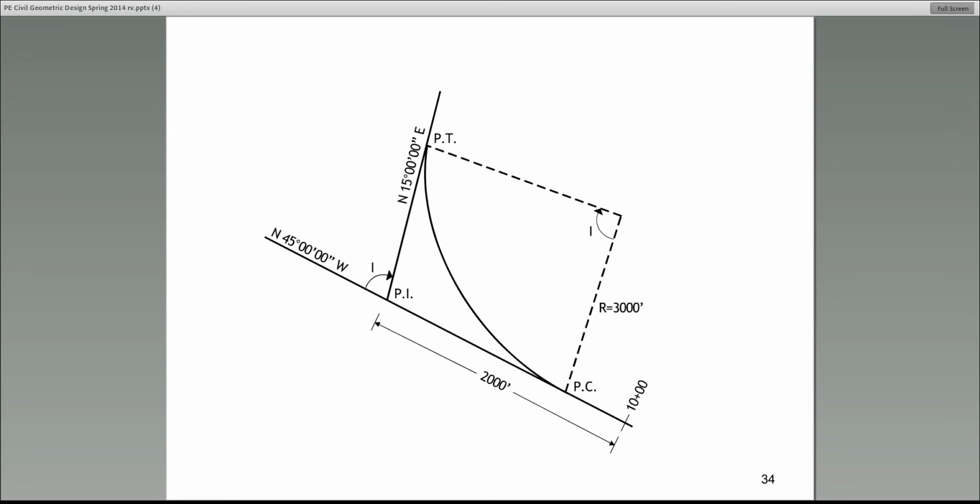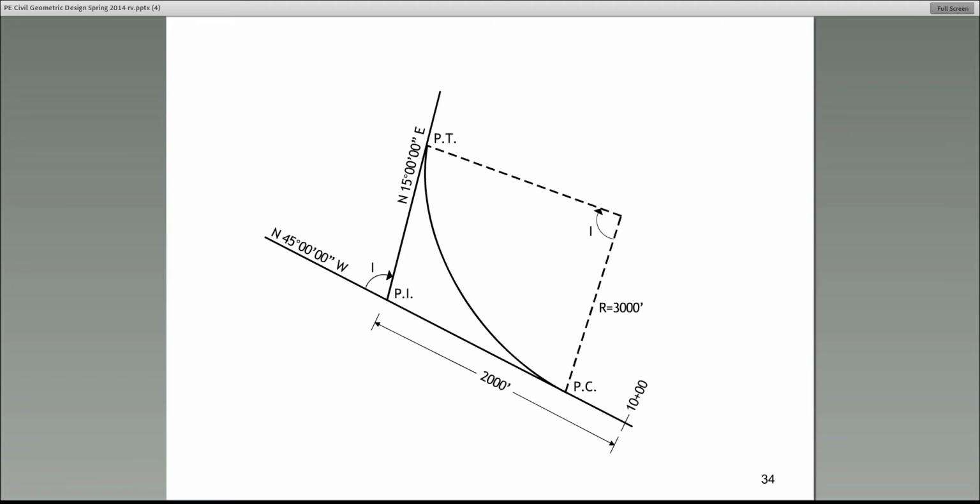All right, this is the sketch, and at this point, some people have asked me in the past, will they give us this sketch, or do we need to create it? Well, more than likely, they will give you this sketch, but it is possible that they expect you to create it based on the description that they give you.